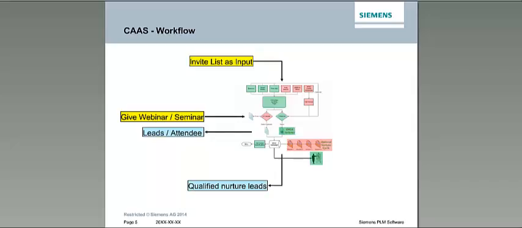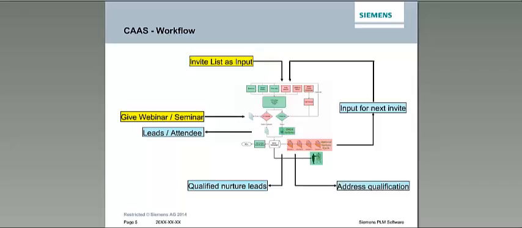So you will get back the leads and the attendees from your webinar or seminar. Out of that nurture track, you will get qualified nurture leads. You will obviously get an address qualification because we get more and more information about people. You know whether the email address was wrong, so that we really qualify that input over here.